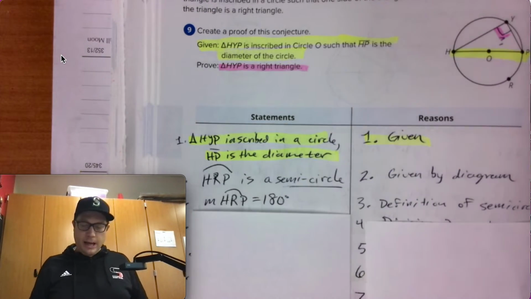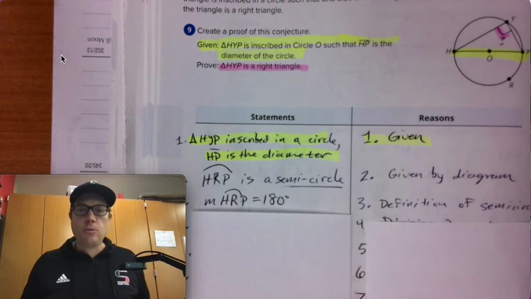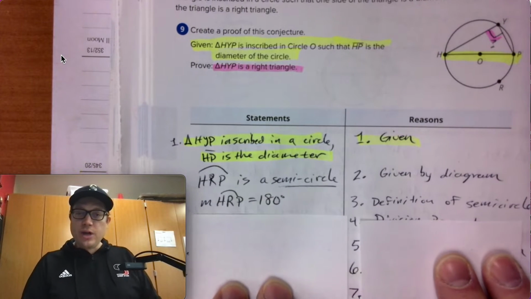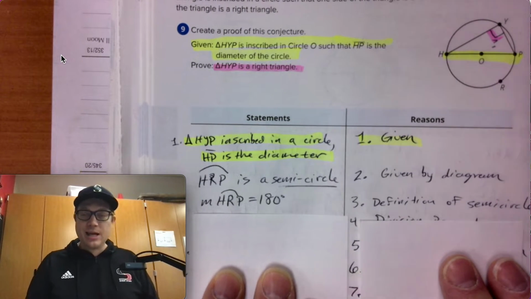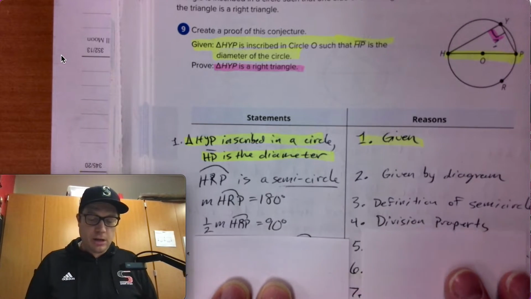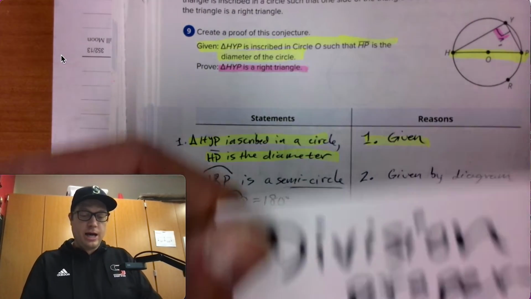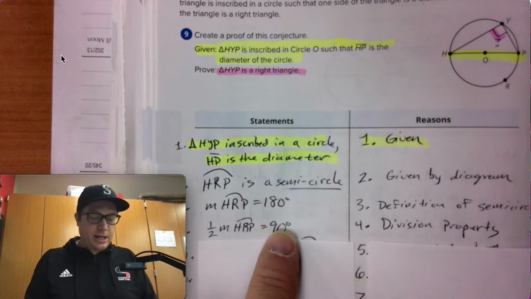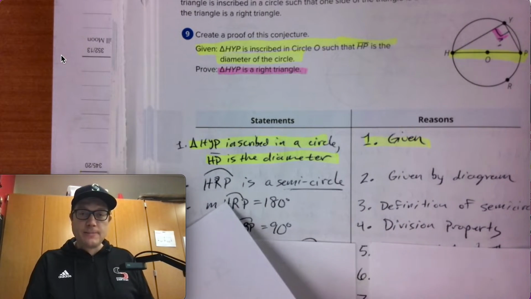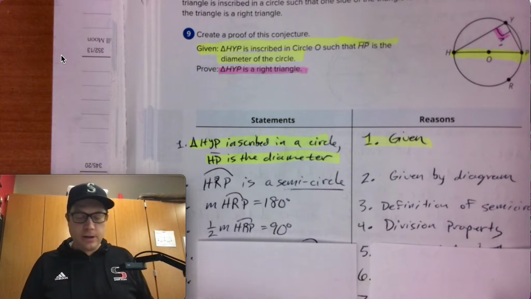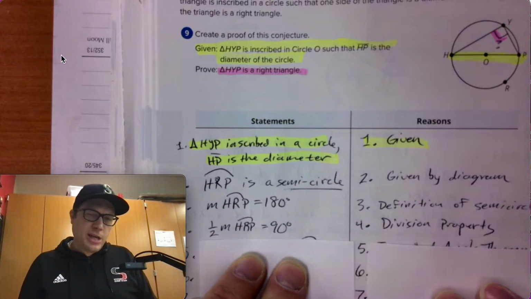And I'm going to make sure that I capture that on the back of this card at some point. Now, next up is, if you know that the intercepted arc is 180 degrees, then half of the intercepted arc would be 90 degrees. That is the division property. Half of 180 is 90, and then half of the intercepted arc would just be 1/2 in front of it. Division property of equality.